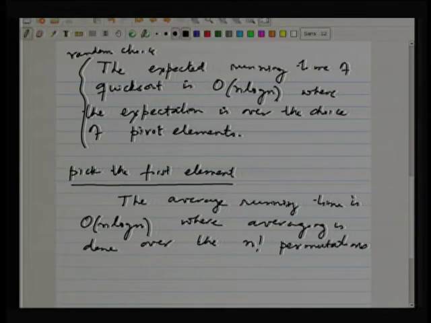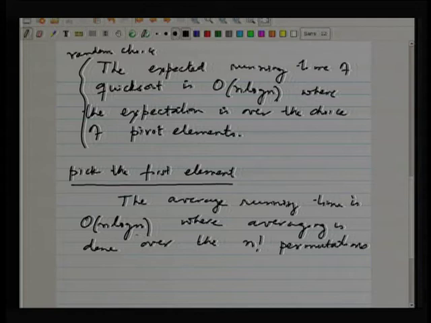The averaging is done assuming that all these permutations are equally likely, and that gives rise to the average running time of n log n.